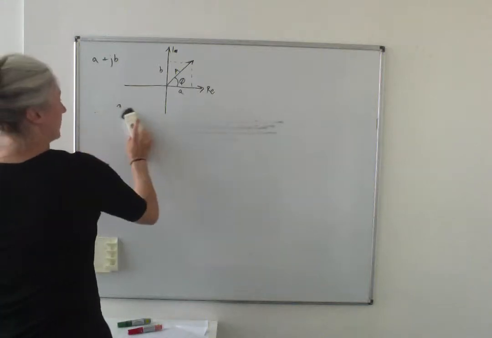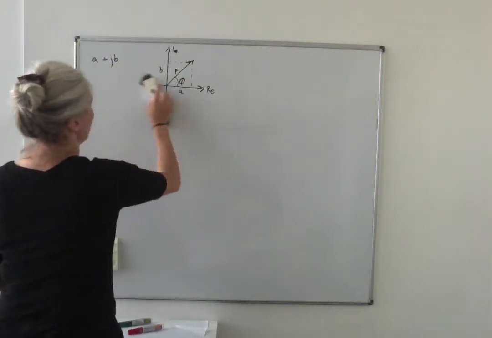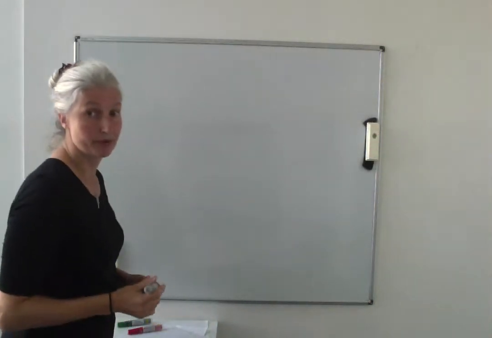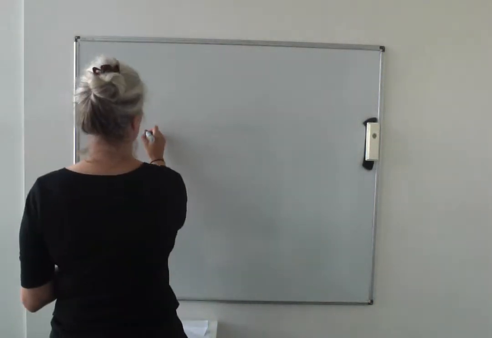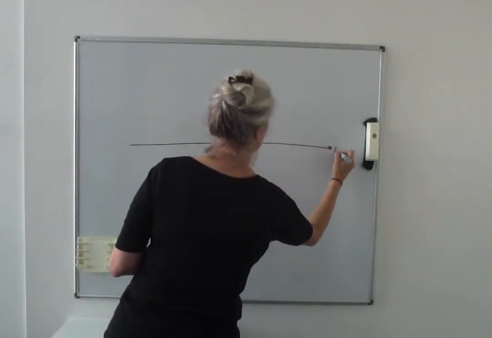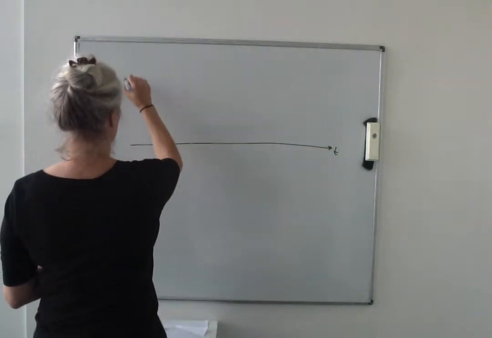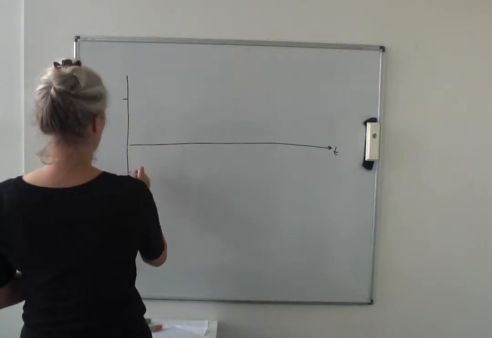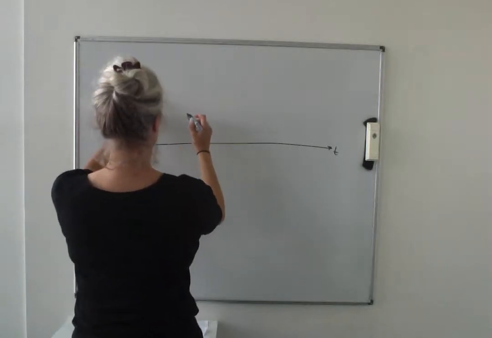Now, we're talking about multiplication. We haven't looked at what it actually looks like as a waveform. So I'll try to draw. We start with, for simplicity, an amplitude of 1.